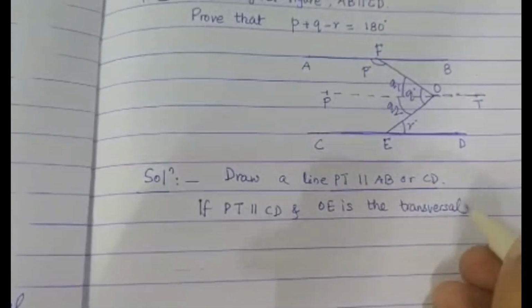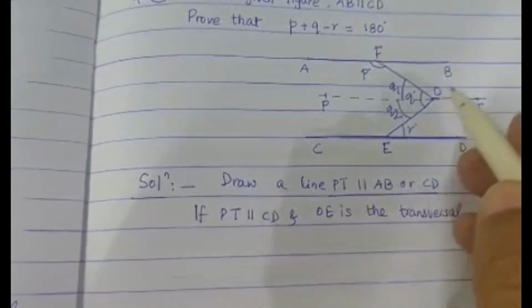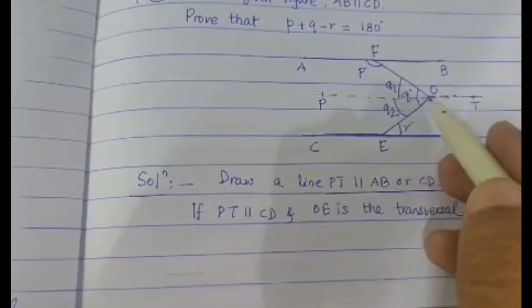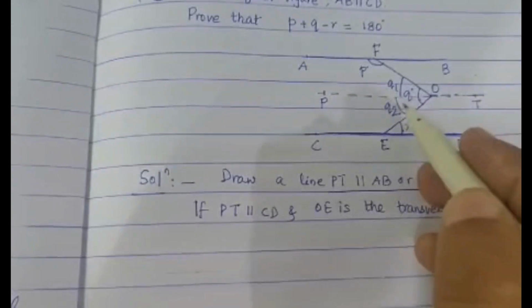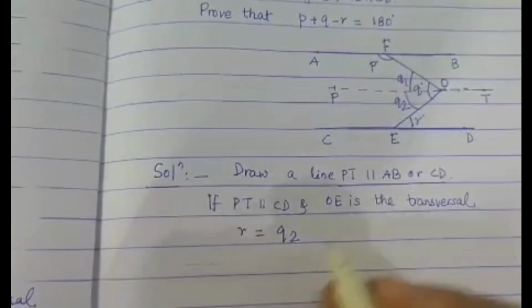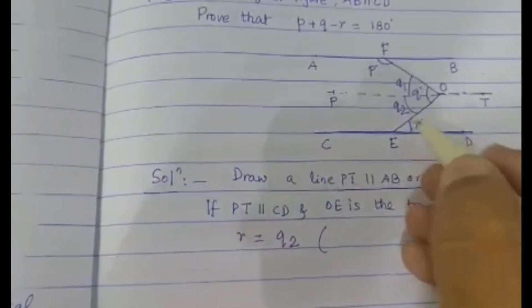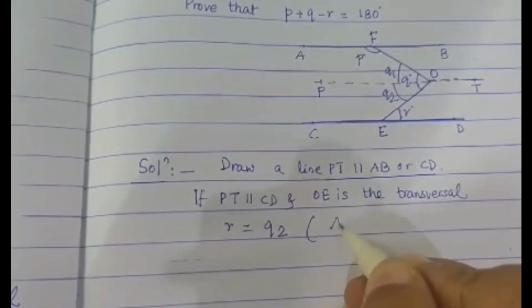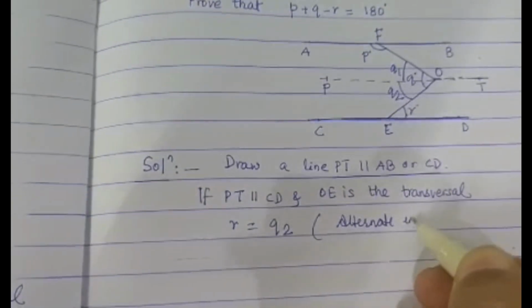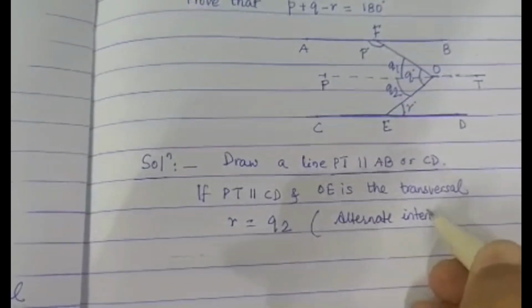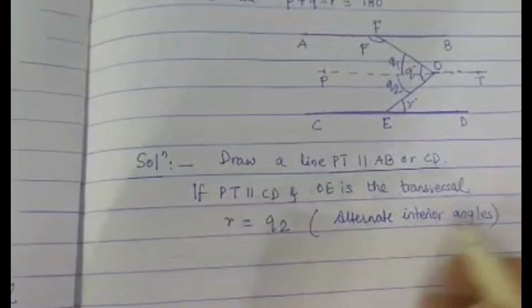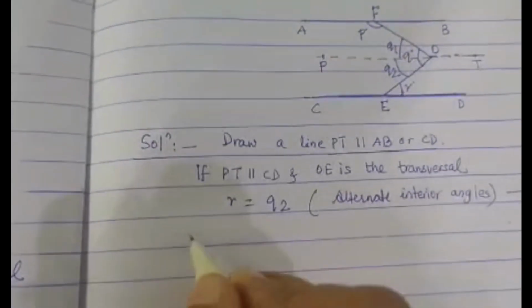We can assume PT parallel to CD and OE is the transversal. Then this angle R will be equal to this angle Q2. R is equal to Q2. How? These are the alternate interior angles, and these are equal. So R equal to Q2.